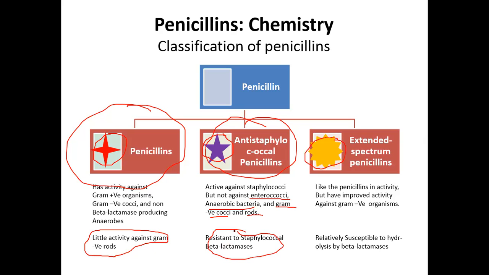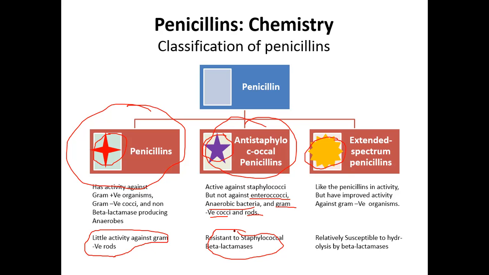Now, these drugs are resistant to staphylococcal beta-lactamases. So that's why they are called anti-staphylococcal penicillins. However much the staphylococci produce beta-lactamases, these anti-staphylococcal penicillins will still work against them.